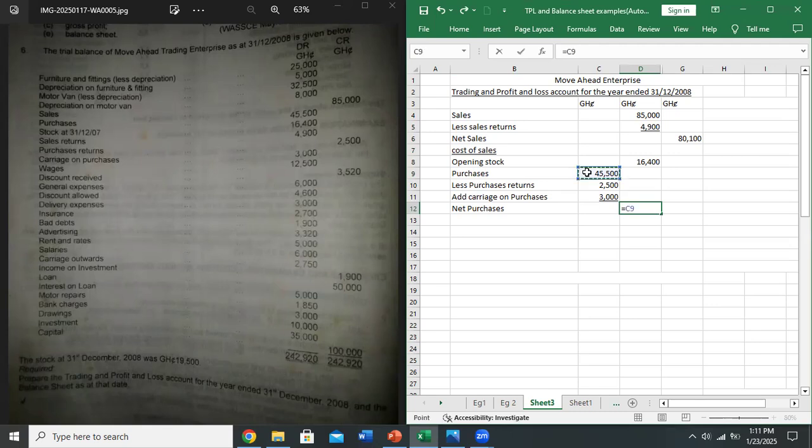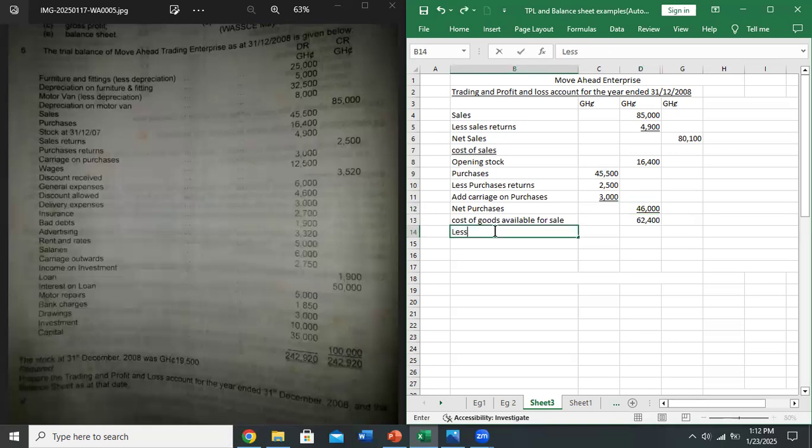Okay. I think we are struggling to hear him. So we'll get 46,000. We add that to the opening stock to get the cost of goods available for sale. So we get 62,400 as our cost of goods available.